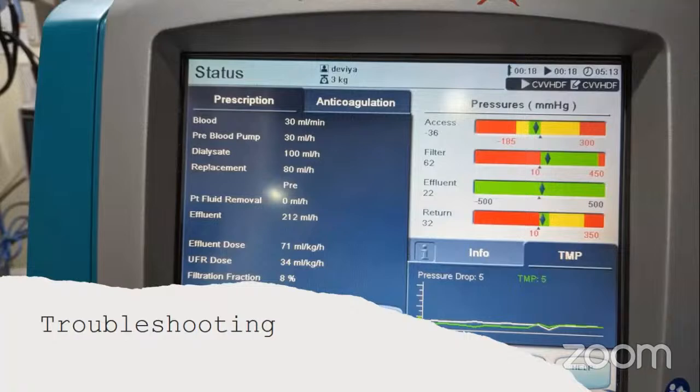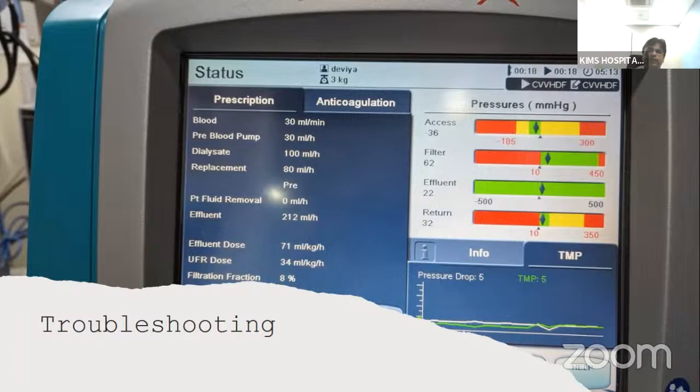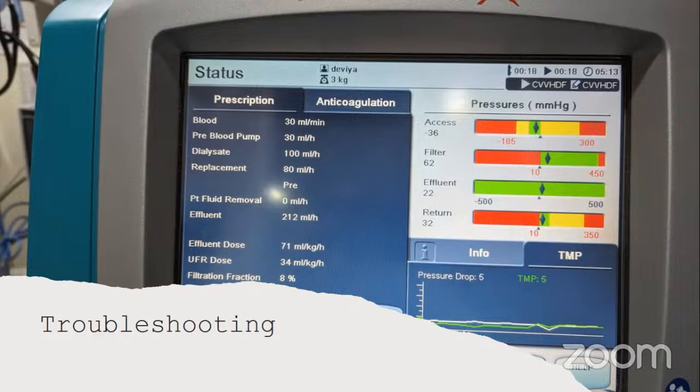So in this presentation till now we discussed the principles behind CRRT, that is diffusion and convection, as well as ultrafiltration and adsorption. Following that, the modes of CRRT, and how to choose between CVVH, CVVHF, CVVHDF, as well as SCUF. After selecting the mode, how to consider the vascular access depending upon the age.